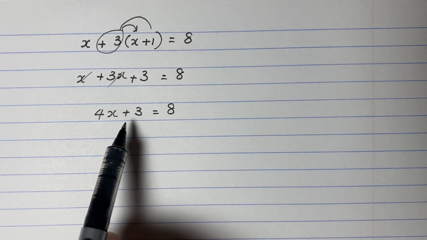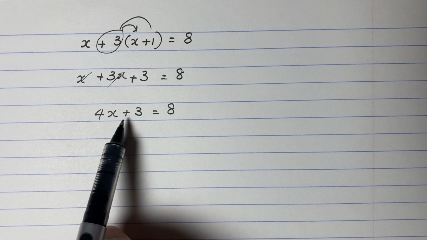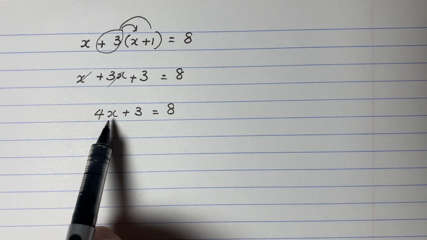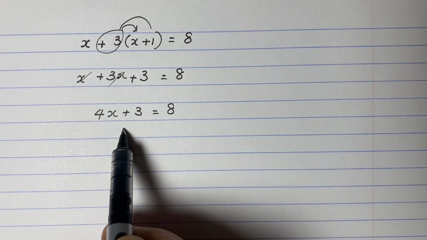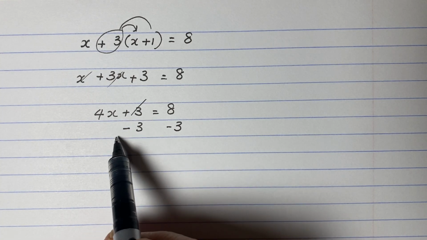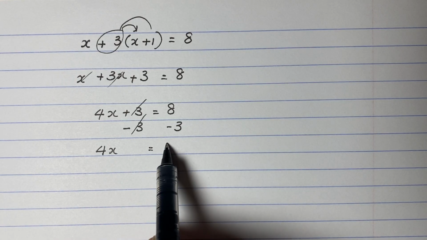Now I need to get rid of plus 3 and then 4. Obviously plus 3 means 3 added to 4x, and 4 means 4 is multiplied by x. So to get rid of plus 3, we minus 3 on both sides. And when we add, 4x equals 5.